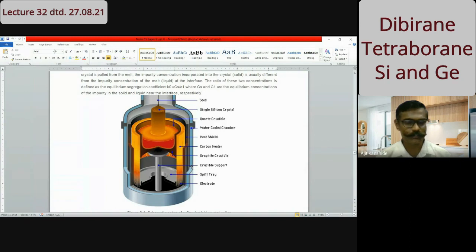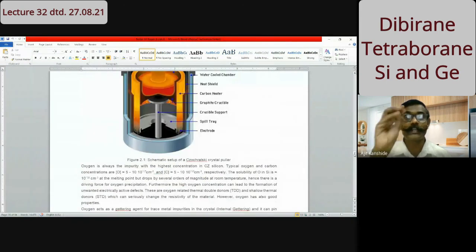Now what we have learned today, as an assignment: first point, applications of diborane. Second point, tetraborane, its structure. Third point, we discussed borax, preparation of borax. Fourth point, silicon and its compound, SiO2 as one compound. Fifth point, SiCl4.